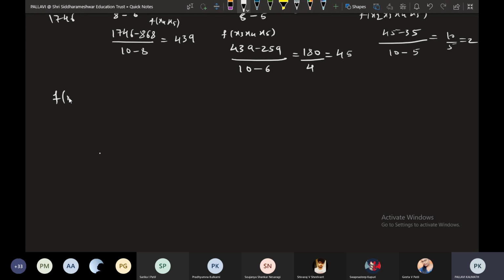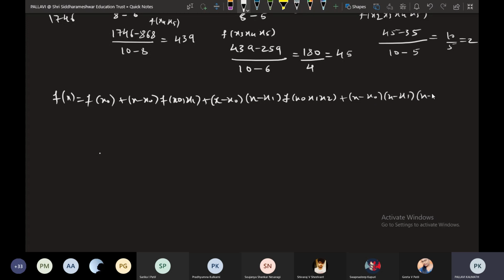Therefore, the formula f of x is equal to what? f of x naught, plus x minus x naught into f of x naught x1, plus x minus x naught, x minus x1 into f of x naught x1 x2, then plus x minus x naught, x minus x1, x minus x2 into f of x naught x1 x2 x3.